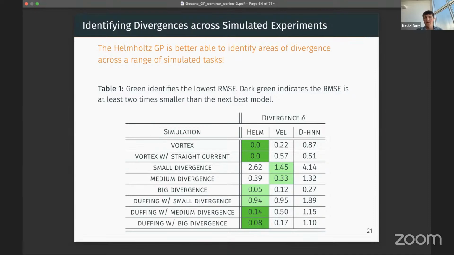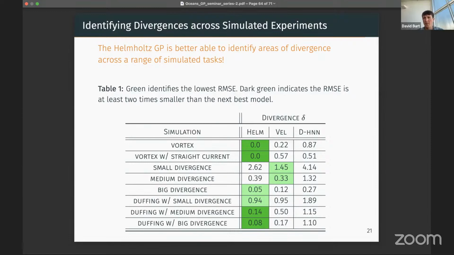So the table is showing the RMSE. Again, we have access to ground truth divergence because we've simulated the field, and so we can just differentiate to calculate these divergences. And so we just calculate the RMSE on a dense grid. And what we see is the Helmholtz GP is better on most of the tasks, but not all. We also considered another baseline, which was a neural net-based approach.